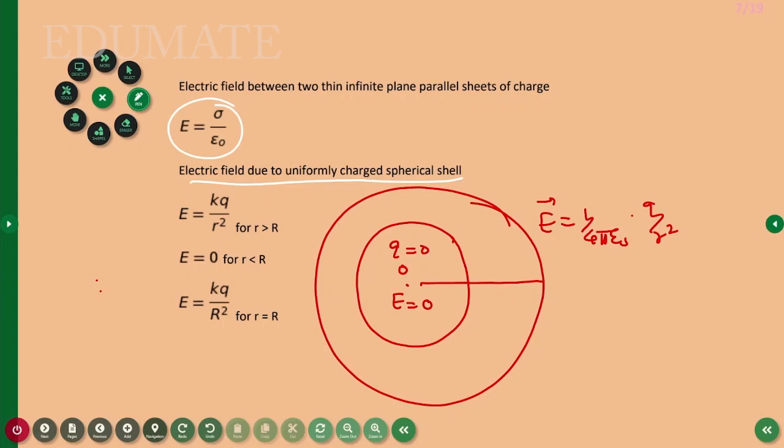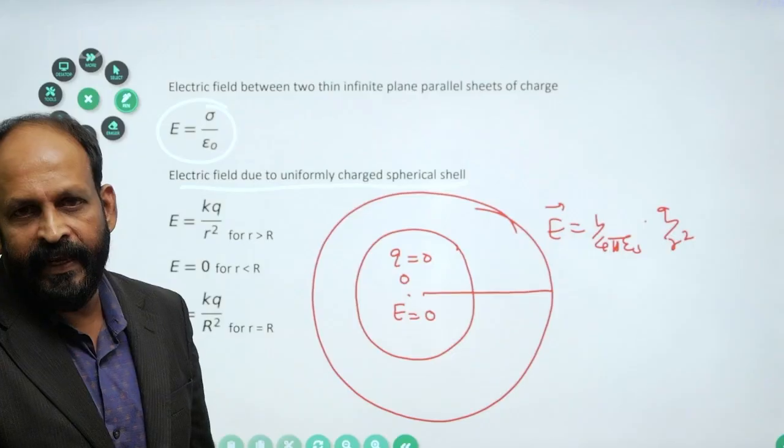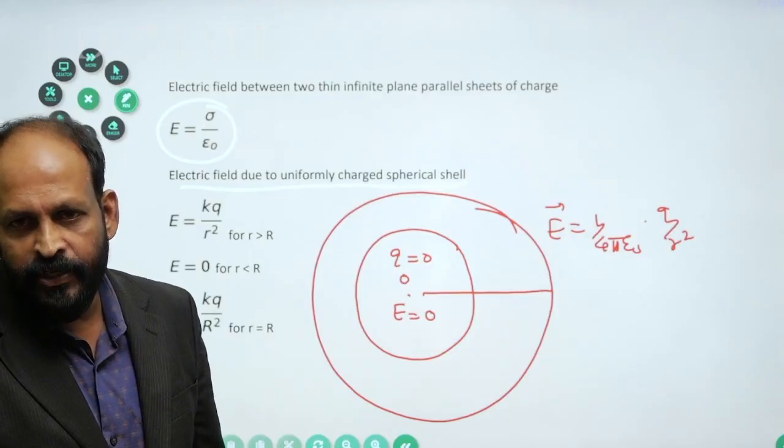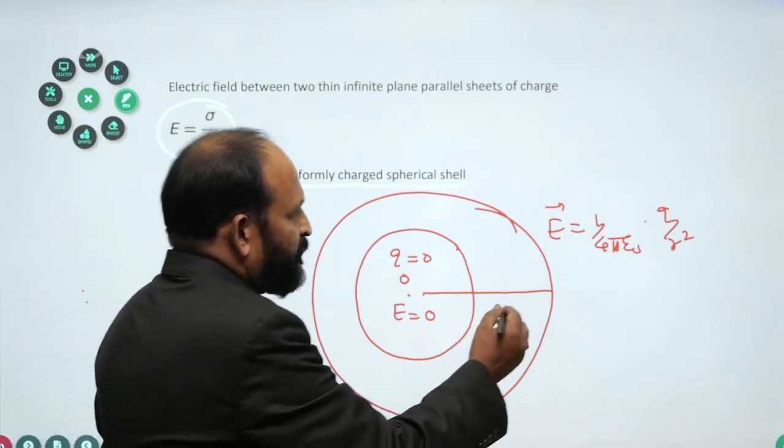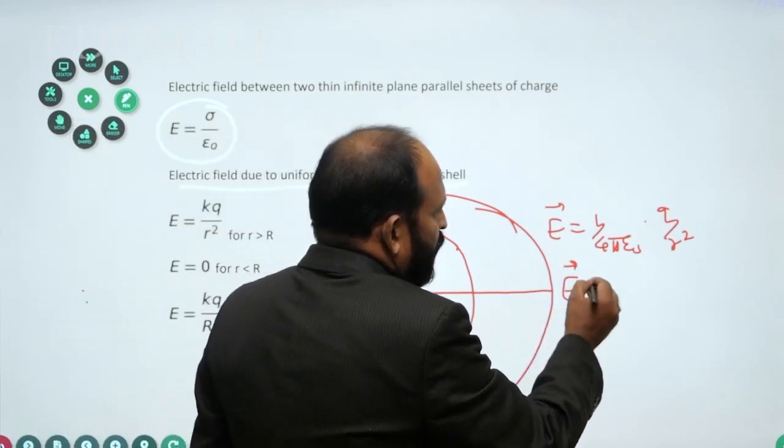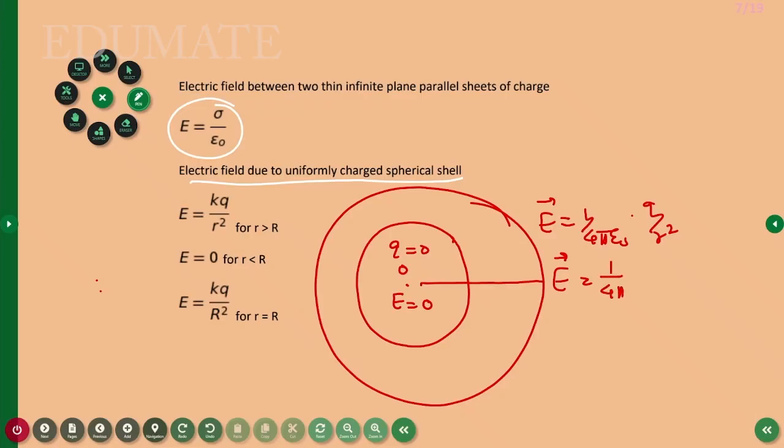On the surface the charges reside maximally, so the intensity is maximum there. The value is 1 by 4 pi epsilon naught into Q by R square, where capital R is the radius of the sphere.